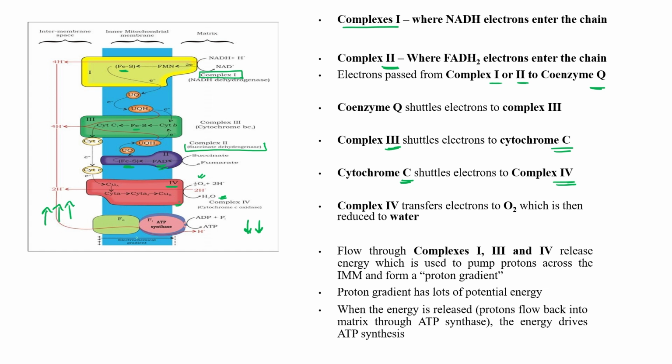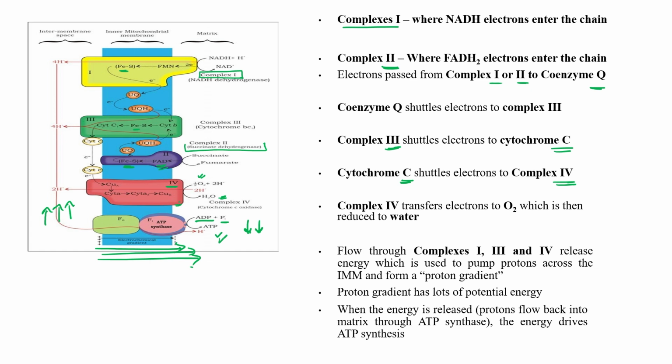Because of this change in concentration, a gradient develops, which is known as the proton gradient. Protons move very fast from the intermembrane space towards the matrix through the F0 F1 particle, which contains ATP synthase, and in the presence of ATP synthase, ADP and inorganic phosphate combine together and produce ATP.